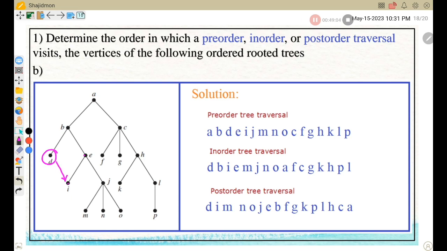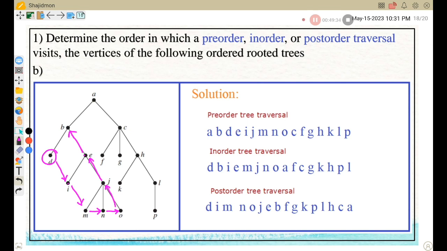After I we again cannot go to J, since M is its left part, so we go to M. After left we go right, N. After N again right we have O, then we visit the parent vertex, that is J. Then the next parent, that is E, then the next parent, that is B, correct? So this is the order we are traveling.